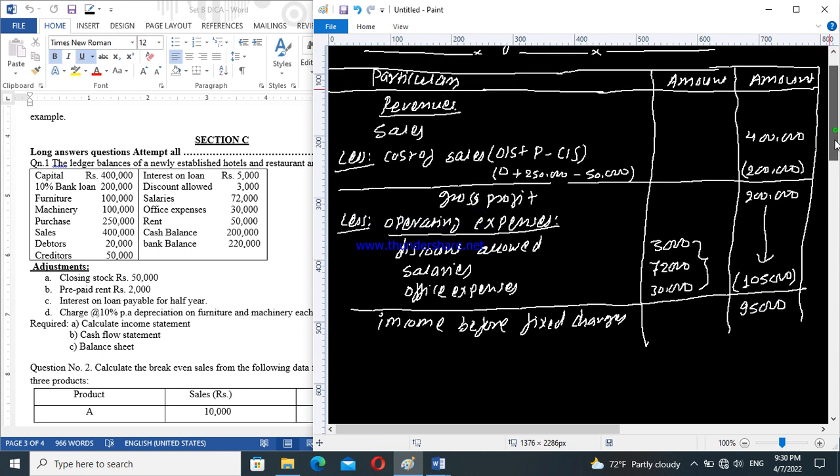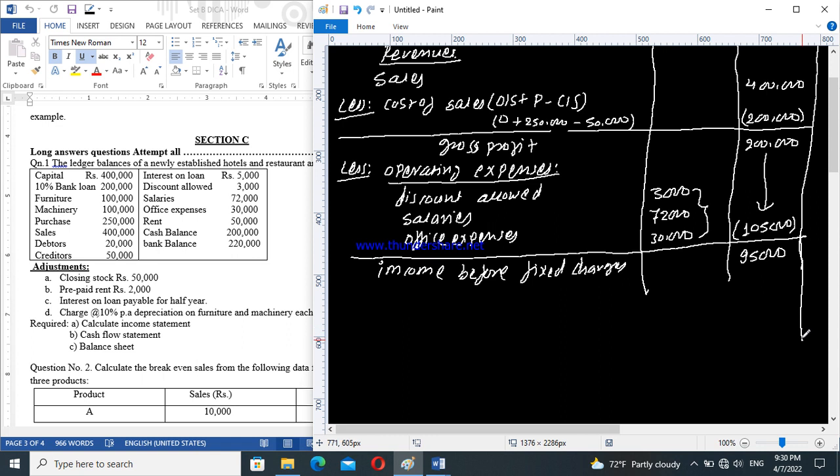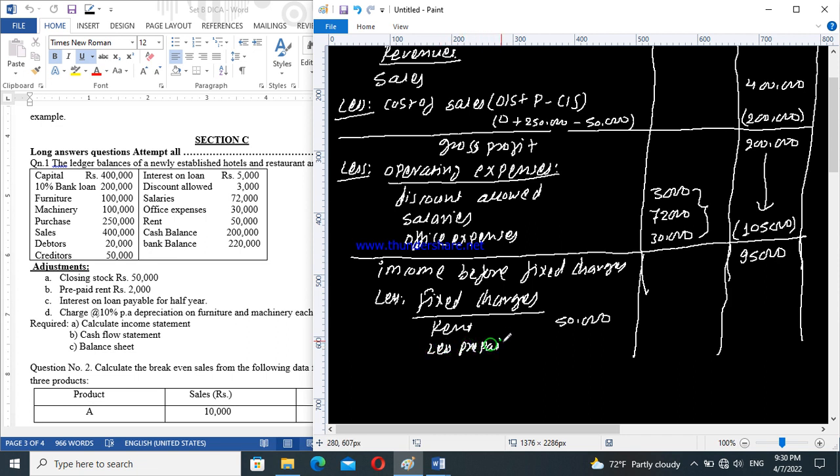95,000, less fixed charges. Fixed charges involve rent. We have 50,000, less prepaid rent 2,000, and write down over here 48,000.